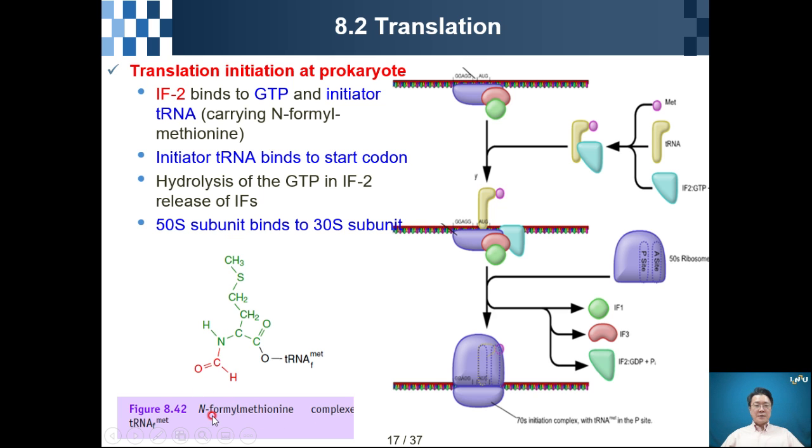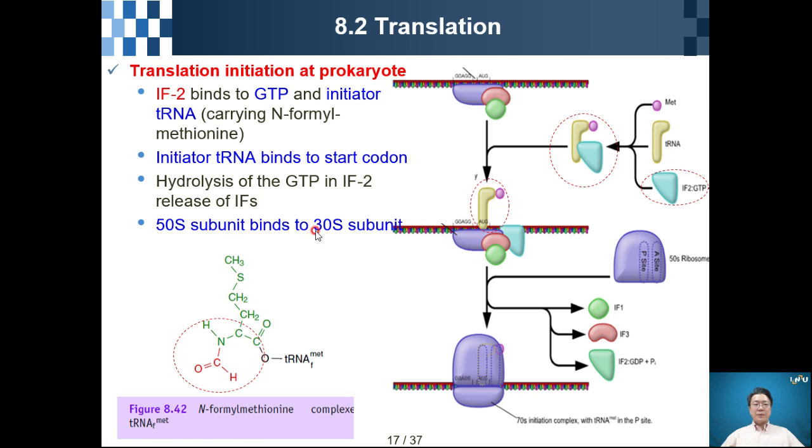This is the initiator tRNA. Once again, IF2 binds to the GTP and also to the initiator tRNA. After that, the initiator tRNA binds to the AUG start codon.